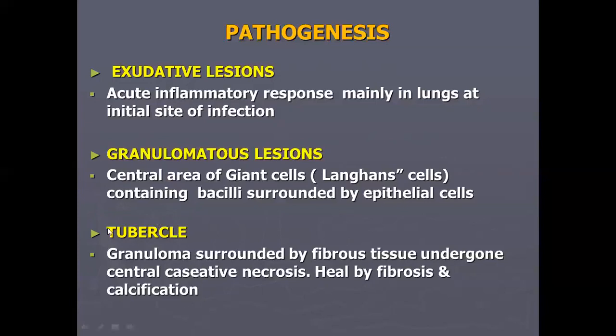This is what we call the tubercles. So we have the exudative lesions, the granulomatous lesions, and the tuberculous lesions. That all depends upon the immune response of the body and the organ or the area involved by the microorganism.